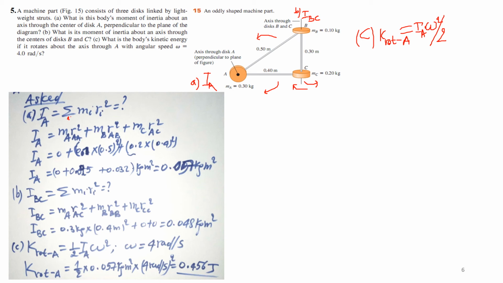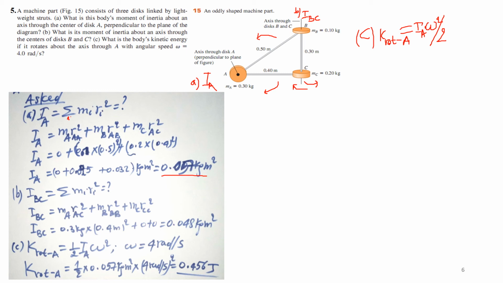Then this is equal to 0 plus 0.1 times 0.5 squared plus 0.2 times 0.4 squared. This gives 0.057 kilogram meter squared.